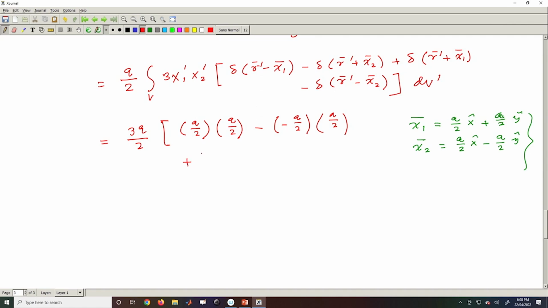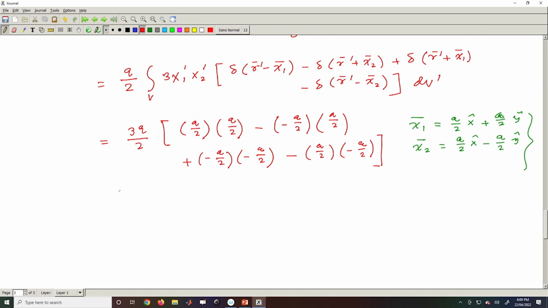For minus of chi1 I have x and y both are minus of a by 2 and minus of a by 2, and finally for chi2 I have value a by 2 for x and minus of a by 2 for y.